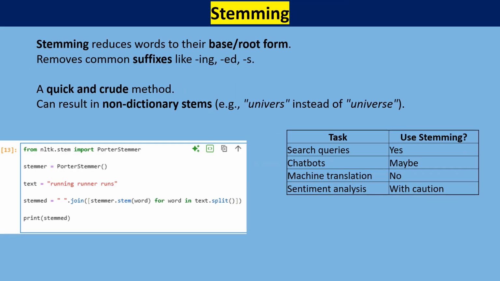Stemming reduces words to their base root forms. Stemming is particularly useful in information retrieval, text classification, and search engines, where semantic accuracy is less important than pattern recognition. The most common is the Porter stemmer from NLTK.